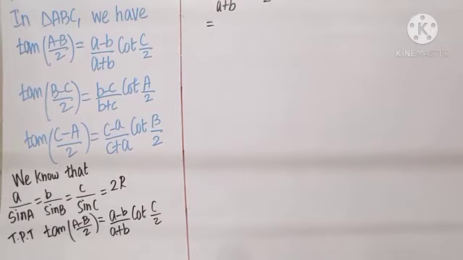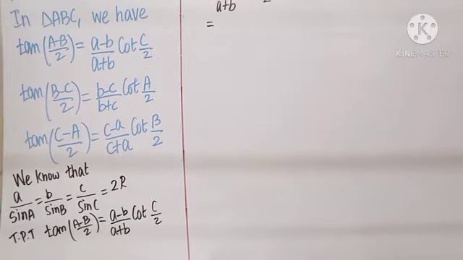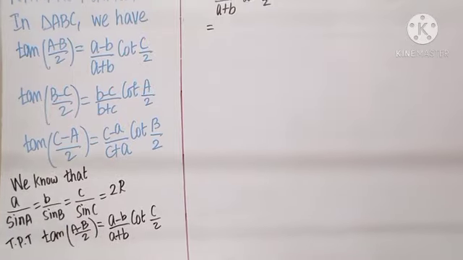Start from the RHS. In the RHS, I have small a and b. Let us remember the sine formula: a/sin A equals b/sin B equals c/sin C equals 2R.